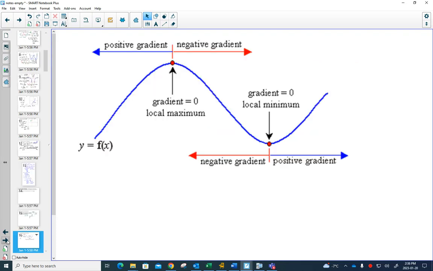But right now we're just looking at stationary points, local minimums, local maximums. Here you've got a function. Of course, at these points, your derivative would be 0. And it's at these maximums and minimum points that your function changes from increasing to decreasing to increasing.